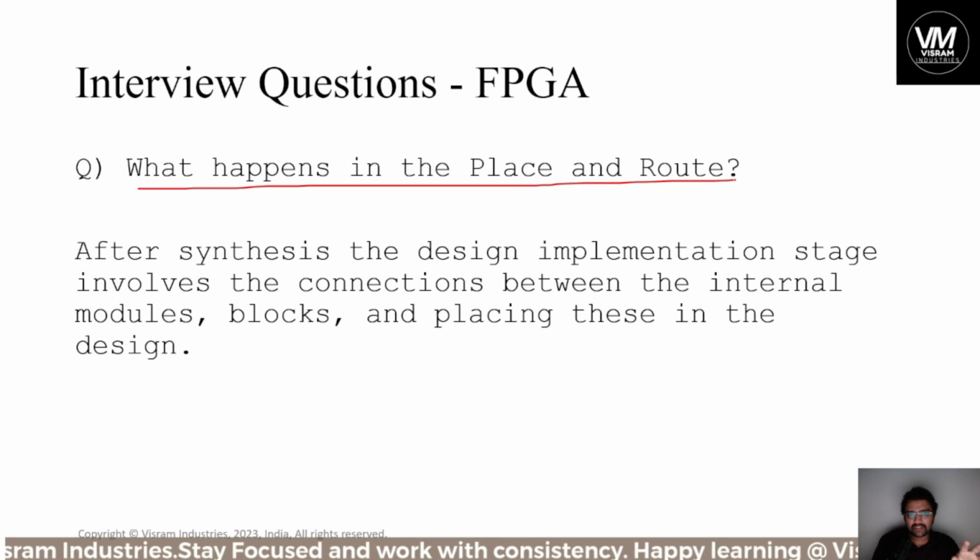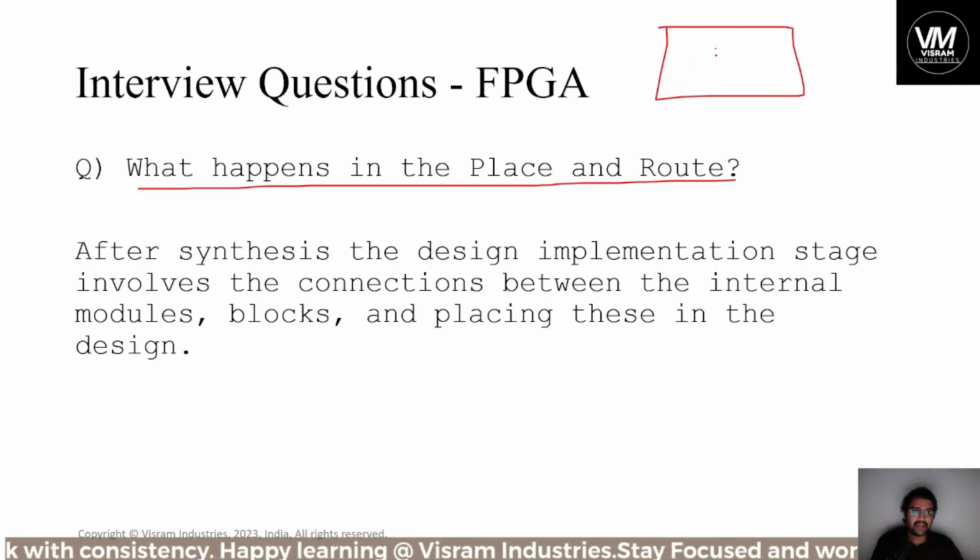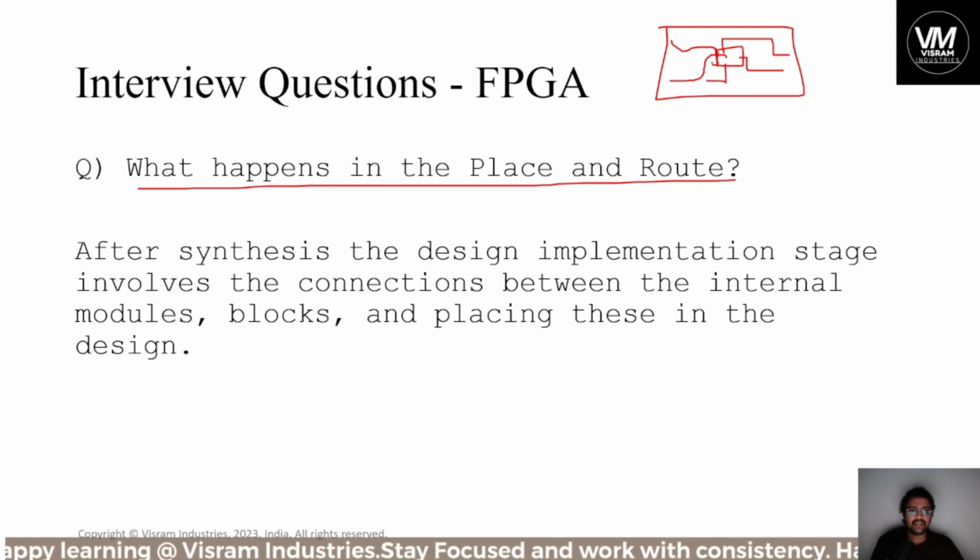For example, clock cells can be placed in the center of the design such that they can be easily connected to any other sequential element, and the clock connections will be easy. For example, you have an FPGA chip and you have a clock in the center such that the clock can be easily approached by any sequential circuit, right? That is how you can design.